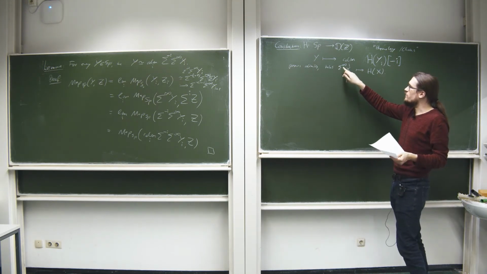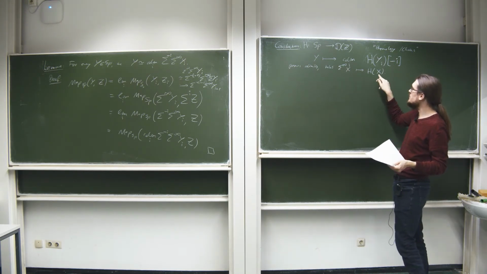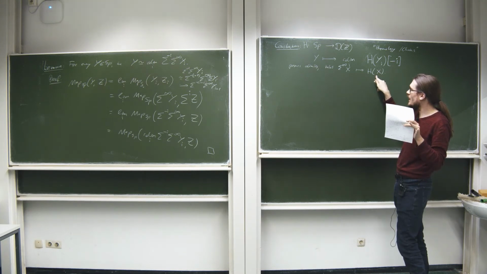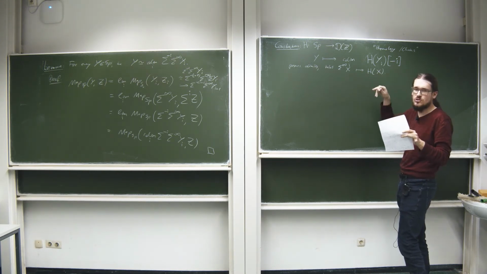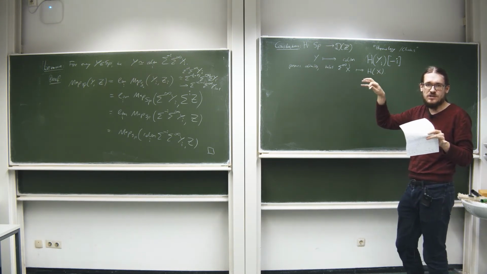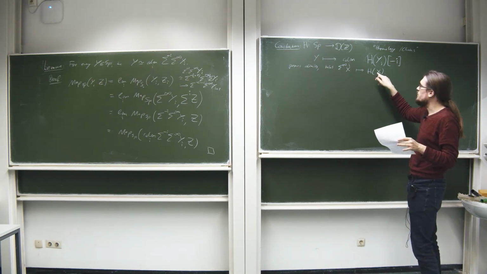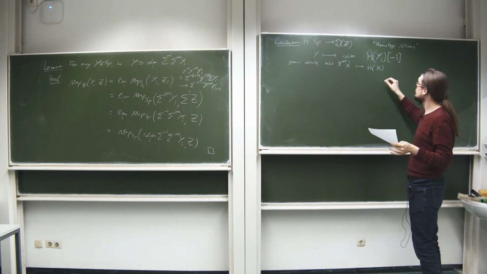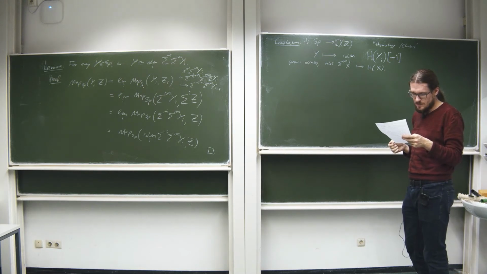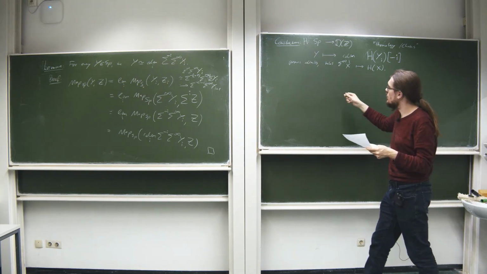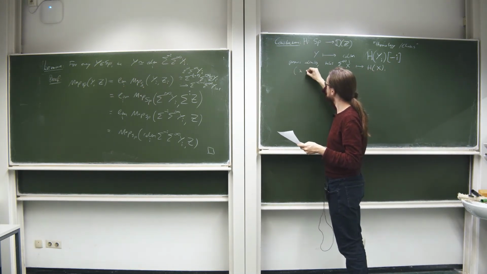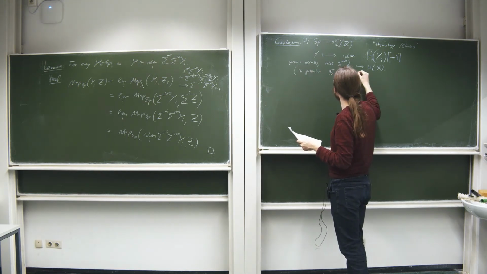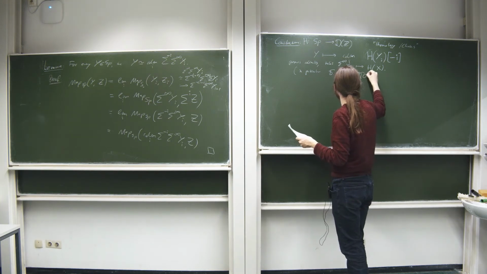Whereas here we see that for suspension spectra, this doesn't give me the homology of the underlying space, which was loops infinity sigma infinity X, but of the space we started with. And in particular, the sphere goes to the complex Z in degree 0.